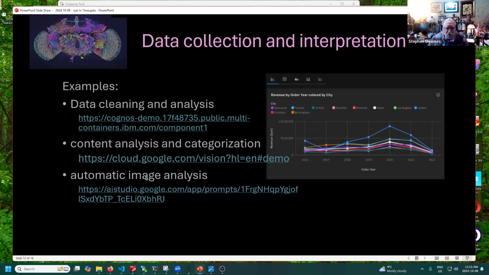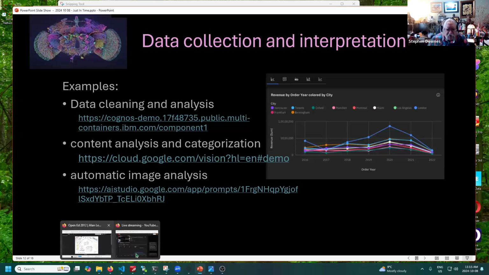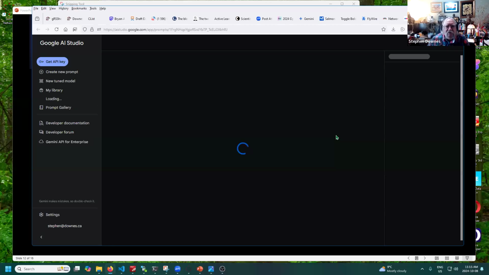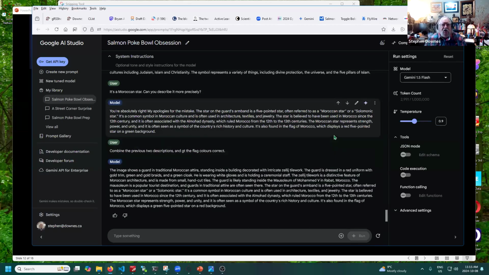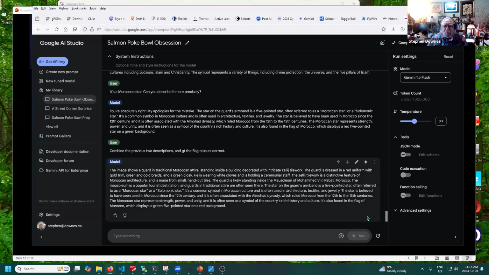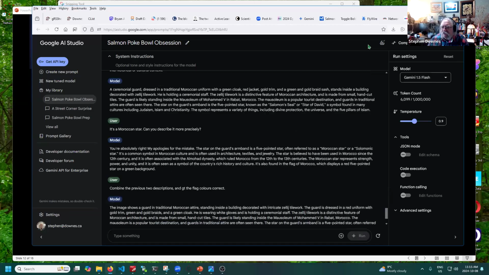Automatic image analysis is one that I've been playing with recently. See if I can just pop into the right place. This link might not work for you if you're trying it yourself, because it goes into my own account. So sorry about that, but you'll be able to at least see this on the screen.